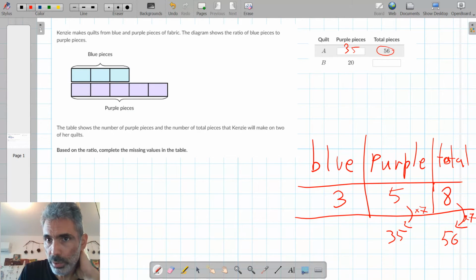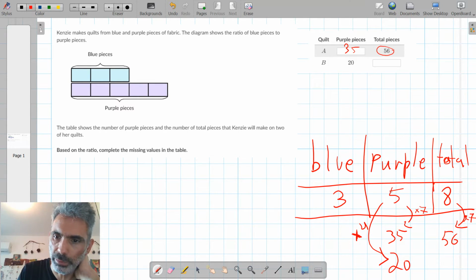we know that on the purple pieces we go from 5 to 20, which means that we multiplied by 4. Multiplied by 4 to go from 5 to 20. And to know the total number of pieces, we multiply 8 times 4, which is 32.